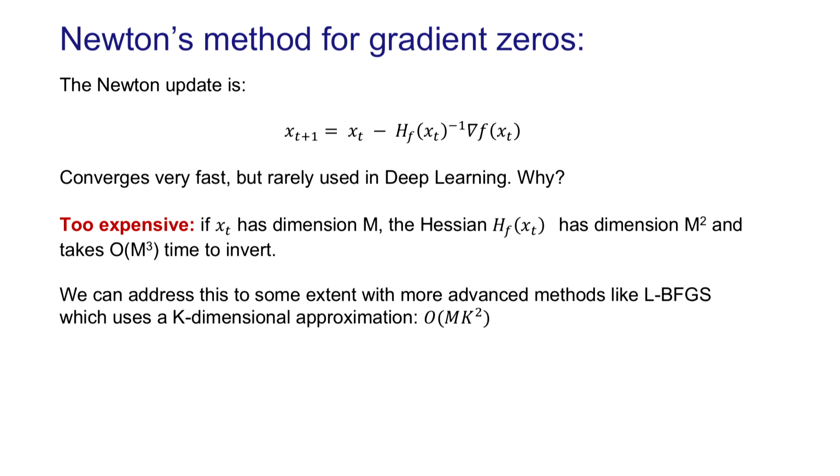People have almost solved that, though, in practice, because there are methods like LBFGS, which is an efficient high-dimensional Newton iteration for convex sets. Instead of computing the full-dimensional Hessian, they compute a low-dimensional approximation and then a low-dimensional inverse approximation.